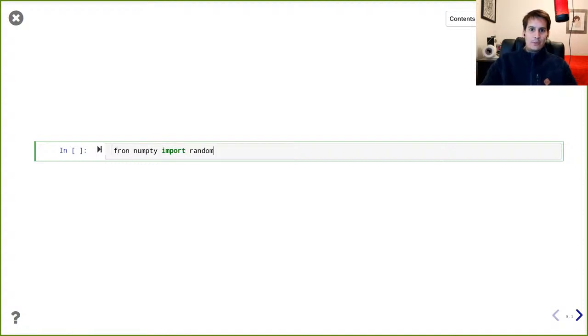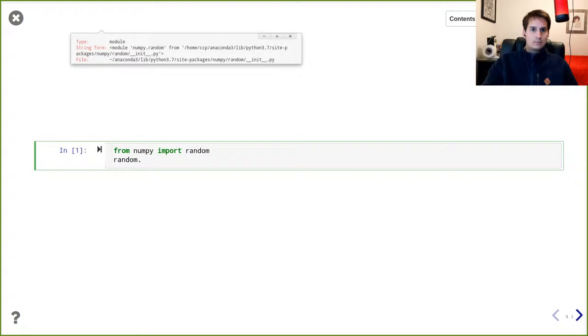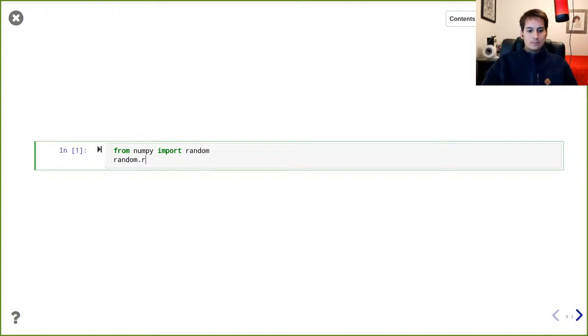Okay, so from numpy import random. That works. Let's see. Yes. And then random.rand, I think.